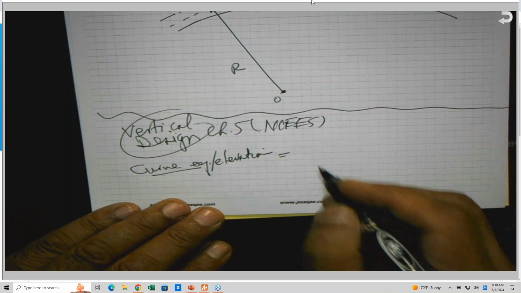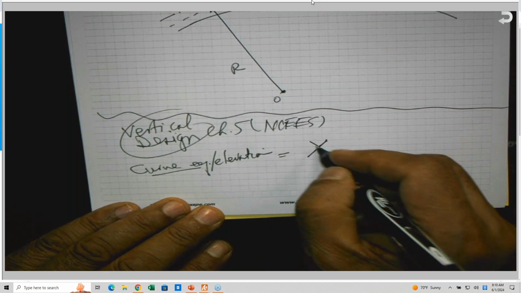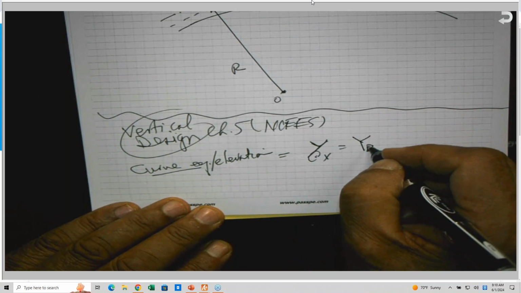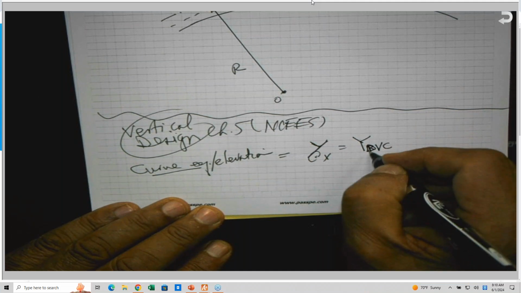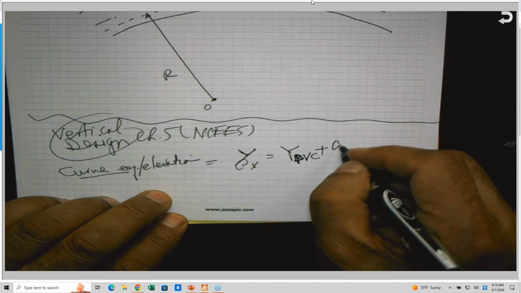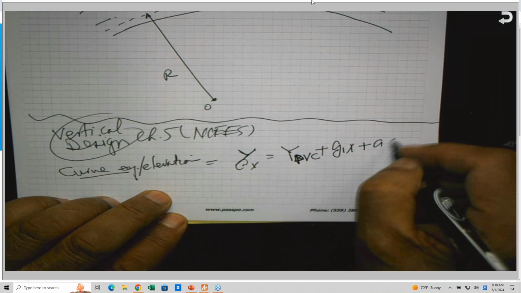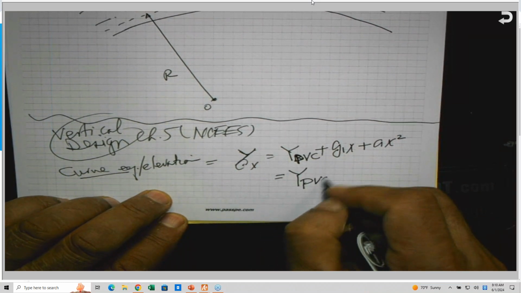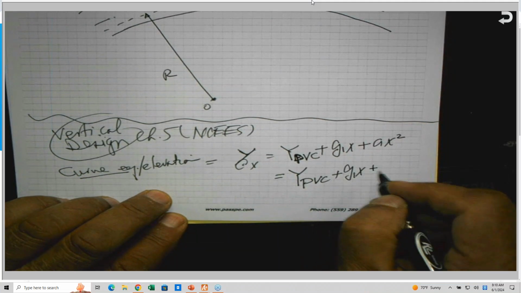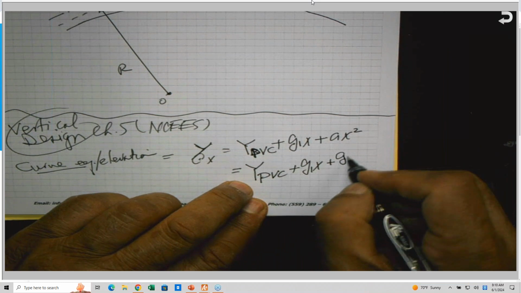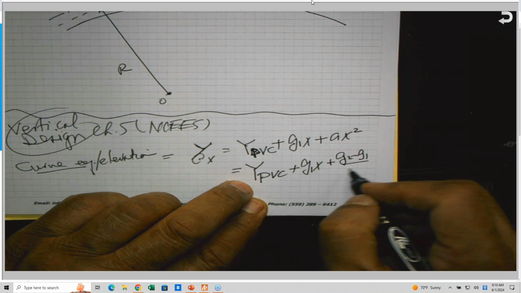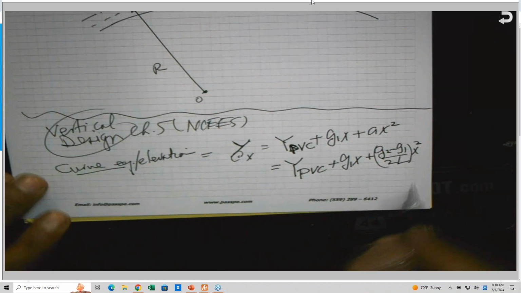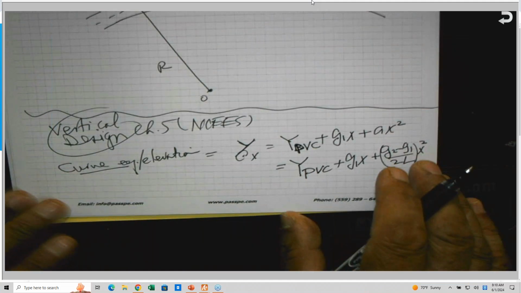I call it the elevation equation: the elevation y at any distance x is equal to y of the BVC plus g1 x plus a x squared, where a is equal to g2 minus g1 divided by 2L, times x squared. These equations are available for you. You don't have to memorize them, or if you memorize them, that's good news.